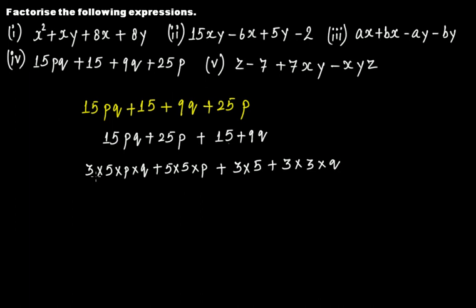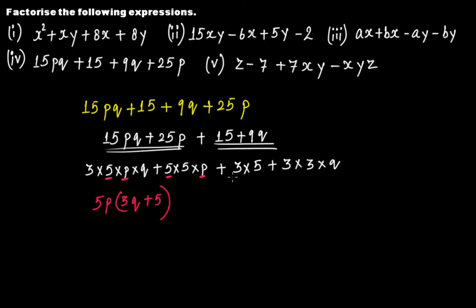Now when you take these two together and these two together, we are applying the concept of common factors. We cannot use 3 because this term doesn't have 3, so 5 here and 5 here, p here and p here. Let's take 5p outside, so 5p, inside you have 3q plus 5.